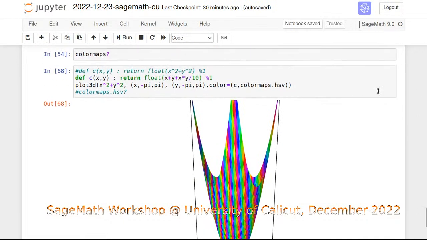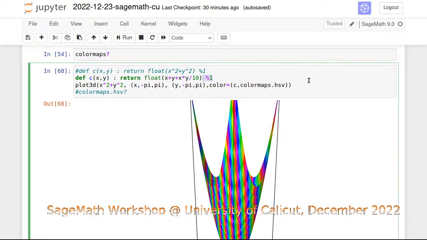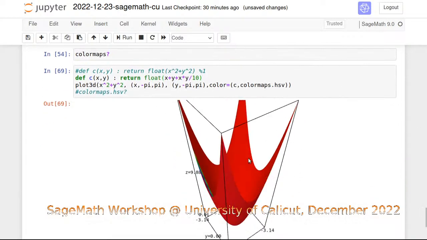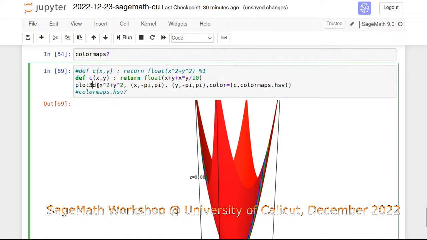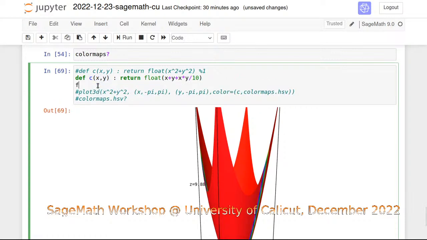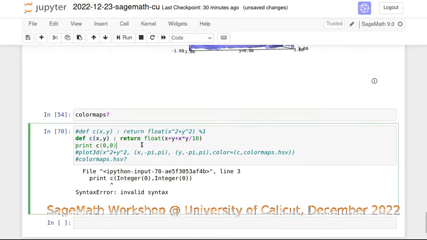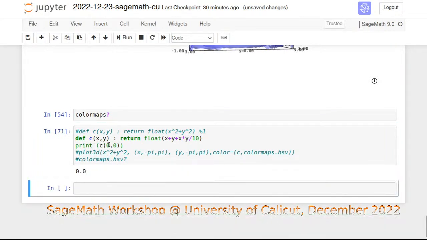So what are the effects if you make it smaller further? Okay, to understand what exactly this is, let us try to see some values of the C of X, Y. This is nothing but 0.